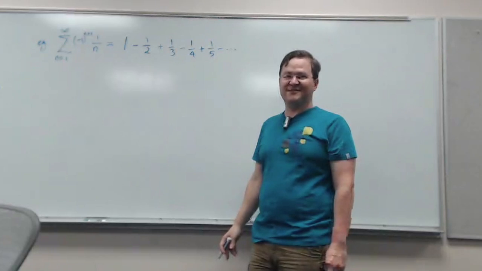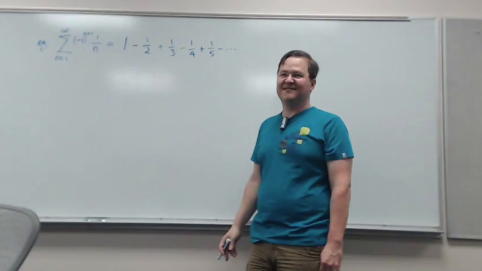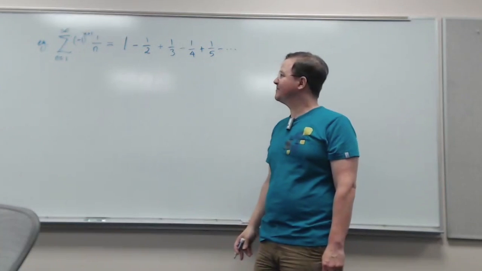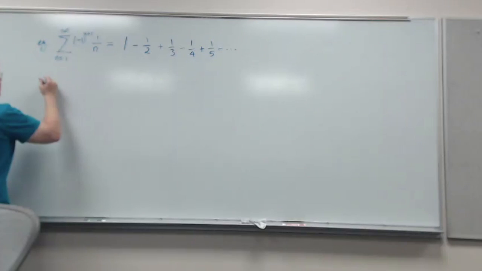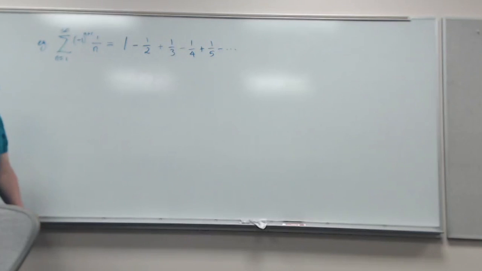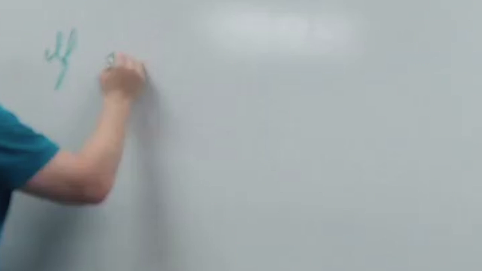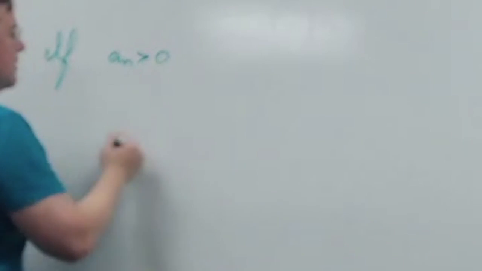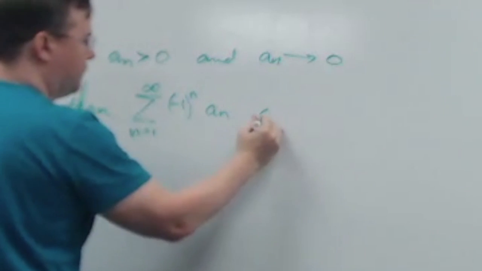Constantly subtracting from the addition. Yeah, so basically, I'll summarize it by saying this. And this is another test, right? So if a_n is greater than 0 and converges to 0, then the series converges.